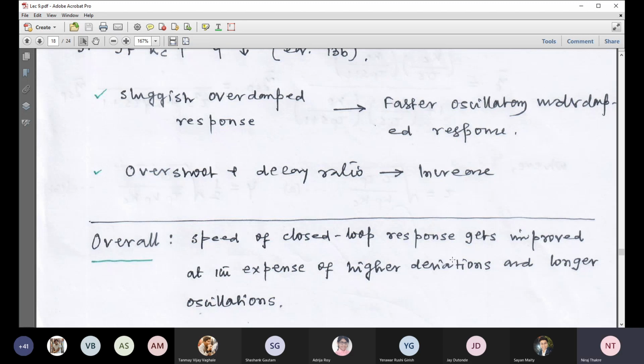Speed of closed loop response gets improved at the expense of higher deviations and longer oscillations. So this is the overall comment we have if we increase the Kc value. Let me show this graphically.